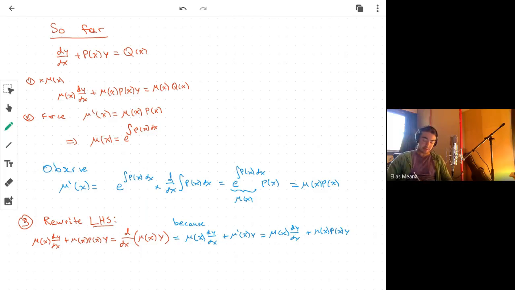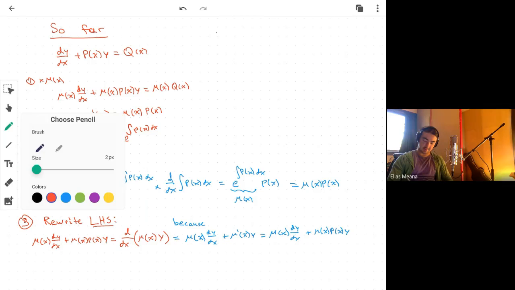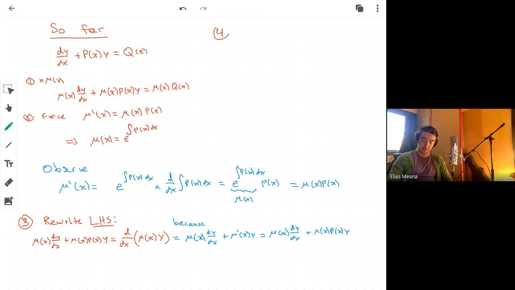Yes. Okay. And so our fourth step is to recognize that we have a new ODE: d by dx of mu of x times y equals mu of x q of x, which we can now solve by taking the integral of both sides.